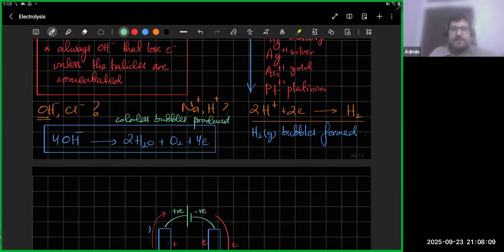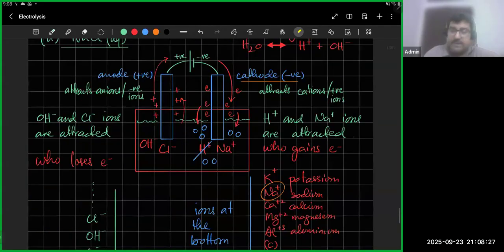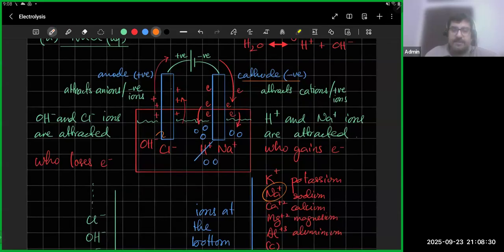What has happened is that on one side it's H+1 that is getting discharged, and on the other side it's OH ions that are getting discharged.